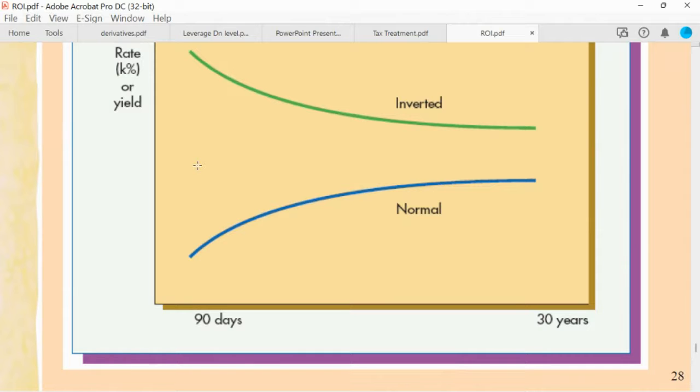Think about it this way. When a recession is forecasted, and everyone expects recession, you cannot forecast a recession 5 years from now or 10 years from now, but within like 1 year, it's more accurately forecasted. So if the recession is expected in 6 months, what's going to happen to the short-term bonds?